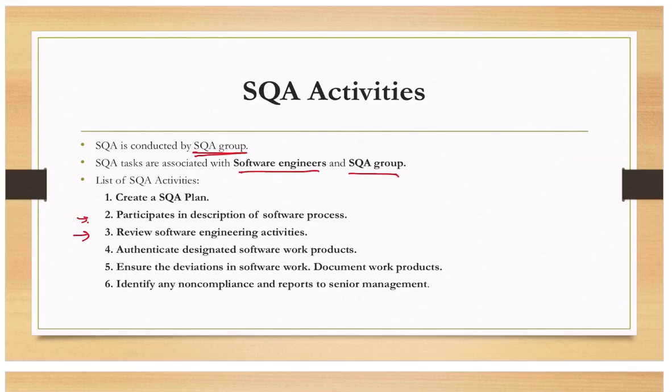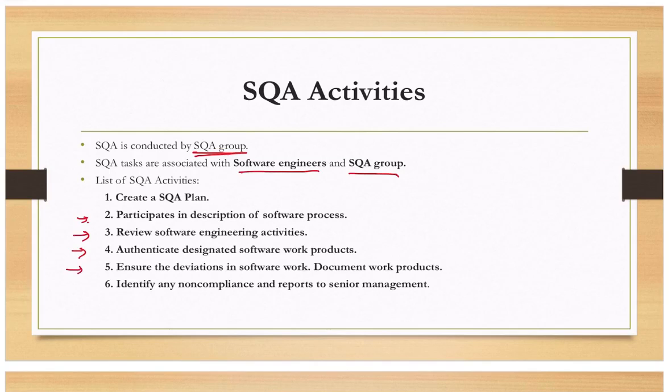The group also verifies the correctness of the software process. The fourth one is authenticating designated software work products. In this, the SQA group performs tasks like reviewing selected work, identifying the process, documenting, tracking deviations, and verifying the correctness of the process.